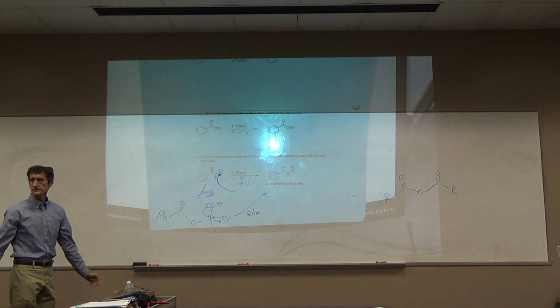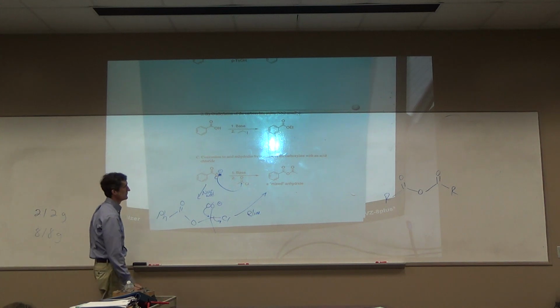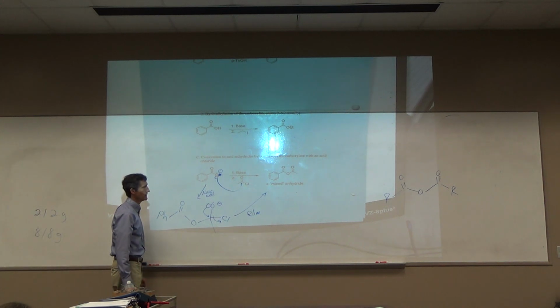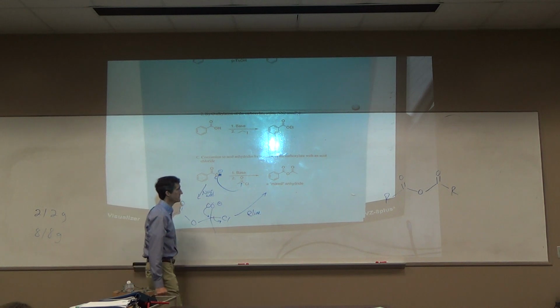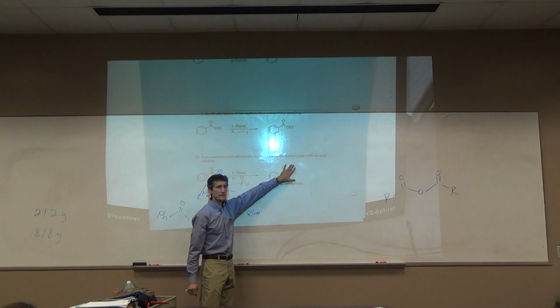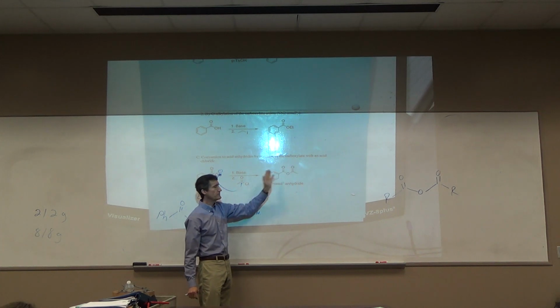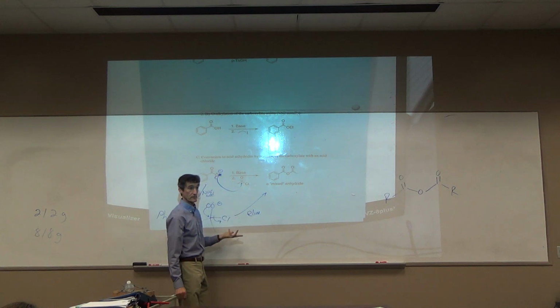Anything really new there? You should have been able to predict this product without me even showing it to you. The only thing I would have had to tell you is, hey, what you just made is called a mixed anhydride.